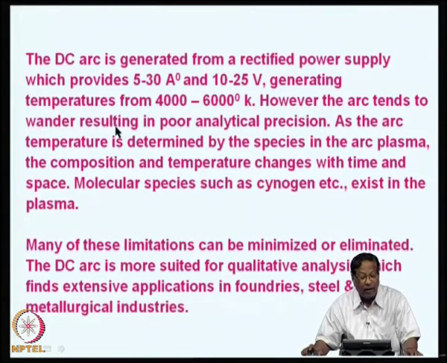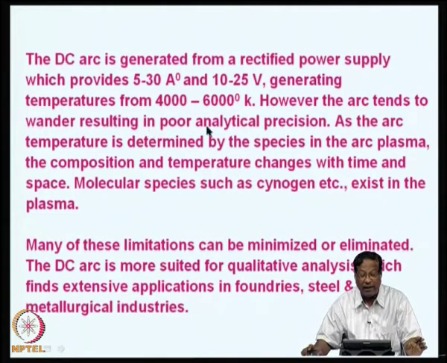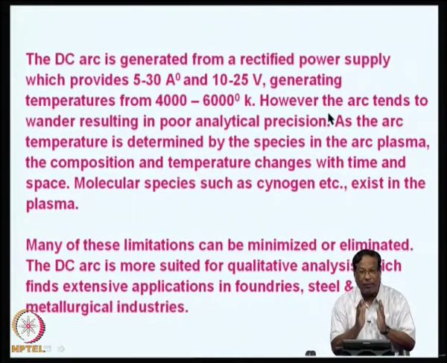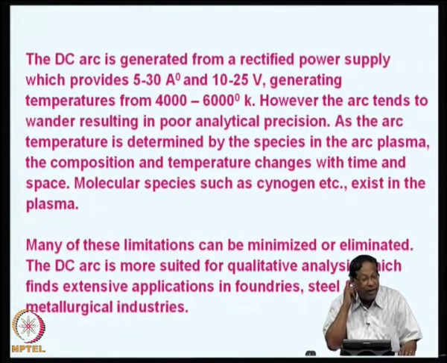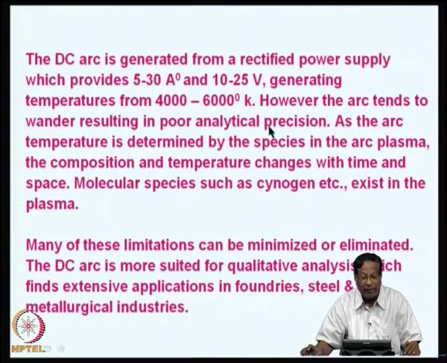However, the arc tends to wander, resulting in poor analytical precision. For good work, what we need is a very stable arc, and whenever we take two electrodes and try to bring them together, the reproducibility is not very good, because the arc tends to wander.